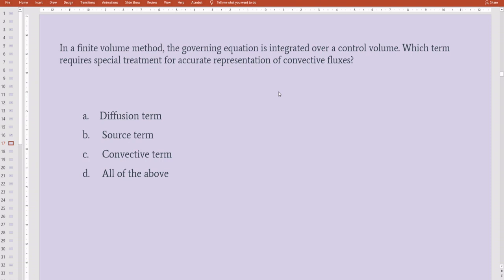Next question: in a finite volume method, the governing equation is integrated over a control volume. Which term requires special treatment for accurate representation of convective fluxes? Option A, diffusion term. Option B, source term. Option C, convective term. Option D, all of the above.